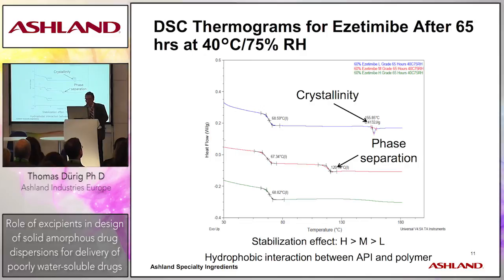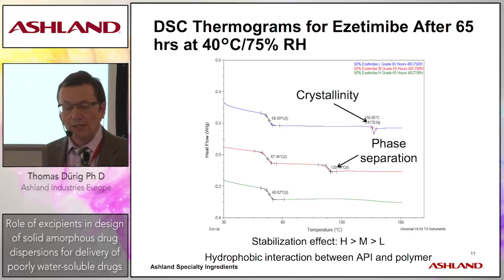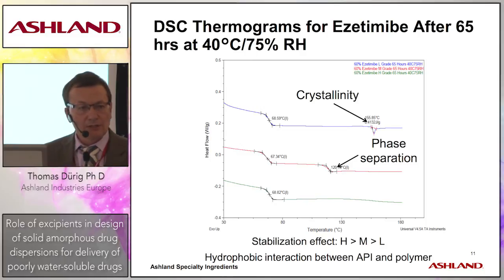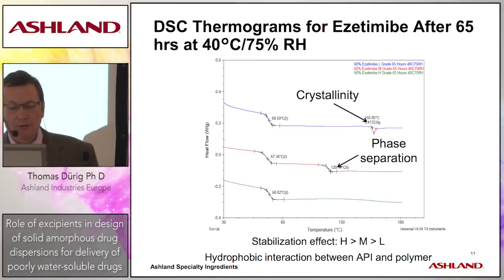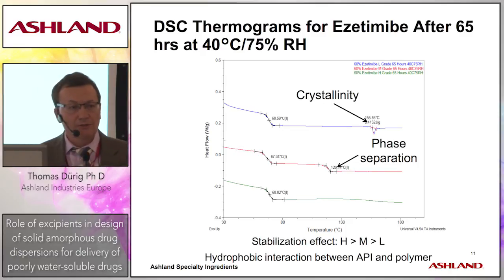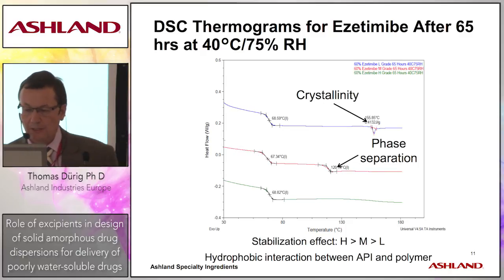For the M grade, the red line here, you can see that we have two glass transition temperatures indicating phase separation. And you can kind of nicely see this here corresponds well, the 67 corresponds well with the glass transition temperature of pure Ezetimibe, and the 120 degrees is approximately the glass transition temperature for HPMCAS.